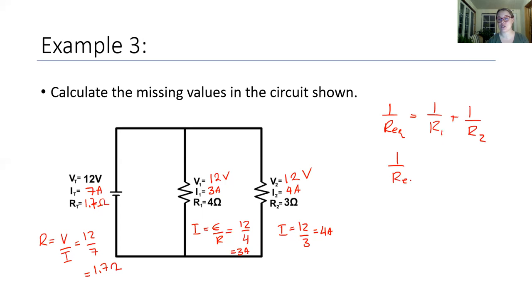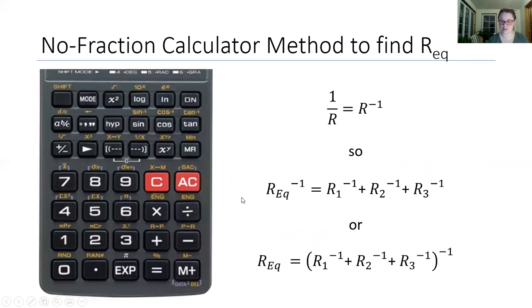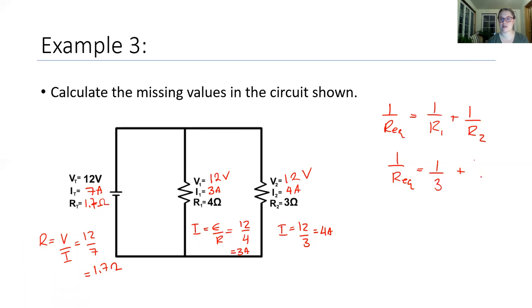So 1 over Req is equal to 1 over 3 plus 1 over 4. I just have them flipped around, but one's a 3 and one's a 4. So we need a common denominator, times 4 over 4 and times 3 over 3, and we get 1 over Req is equal to 4 over 12 plus 3 over 12, which is equal to 7 over 12.